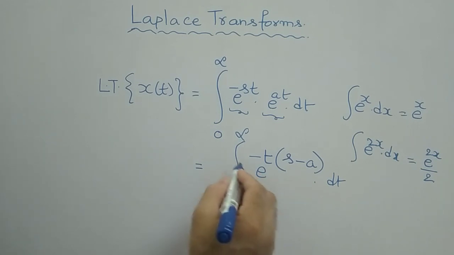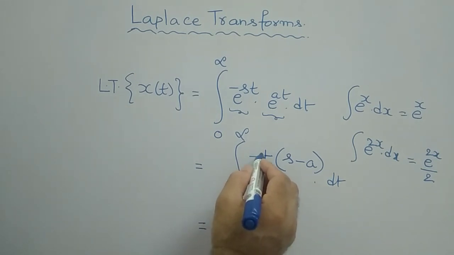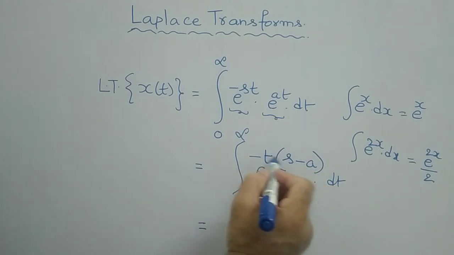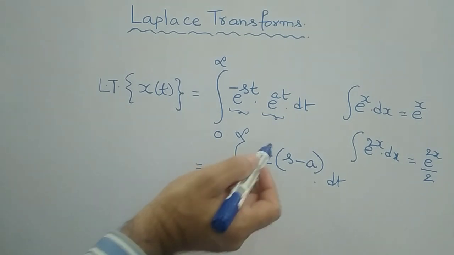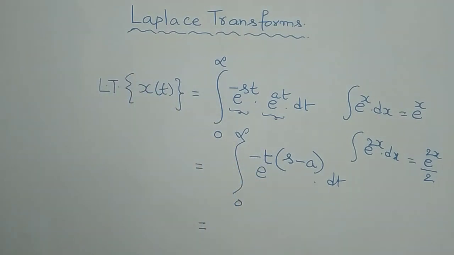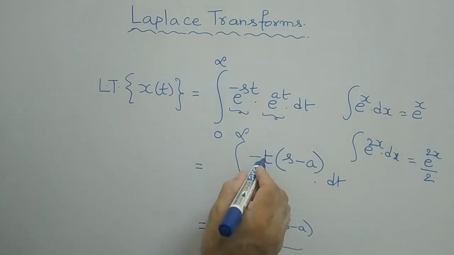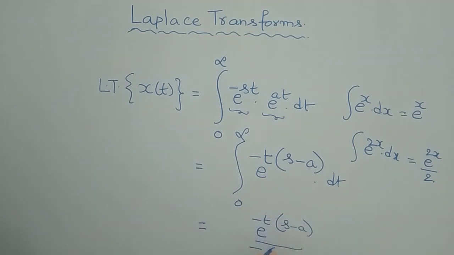Similarly, consider the entire e^(-t(s-a)). If you consider the whole power as x, then the integral of e^x is e^x, as it is. Therefore, whatever is there will come as it is, that is e^(-t(s-a)), divided by, with respect to dt, your t becomes 1, then minus (s-a) comes into the denominator. Clear?